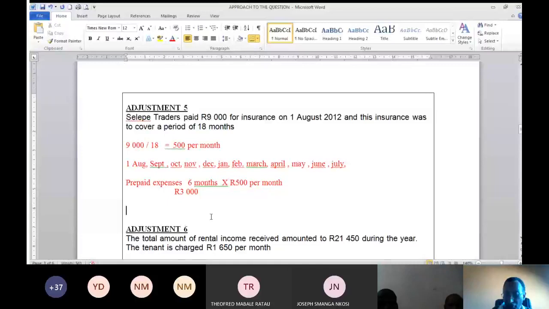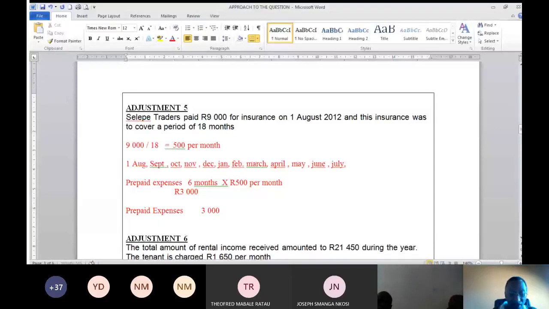To record this now in the books of the business, we are going to work with an account called prepaid expenses. And prepaid expenses is an asset that is debited 3,000 Rand. And you will have to credit your insurance account with the amount of 3,000 Rand. That is the calculation then of the prepaid expenses.